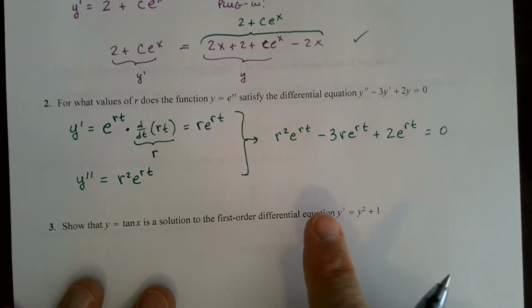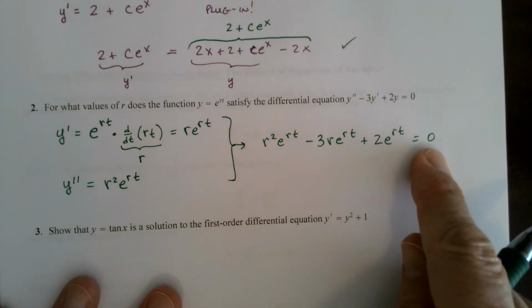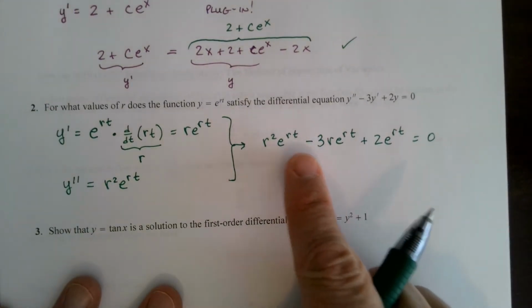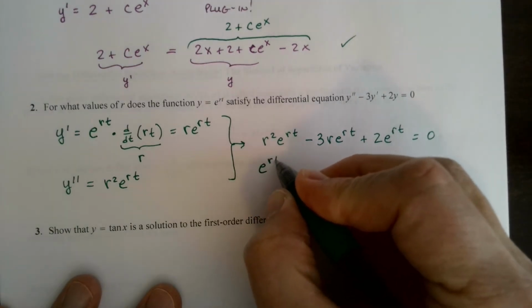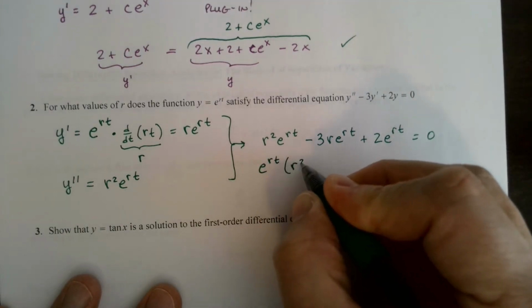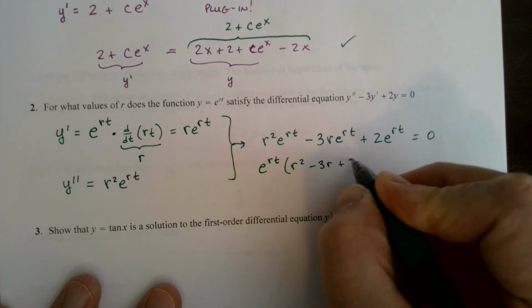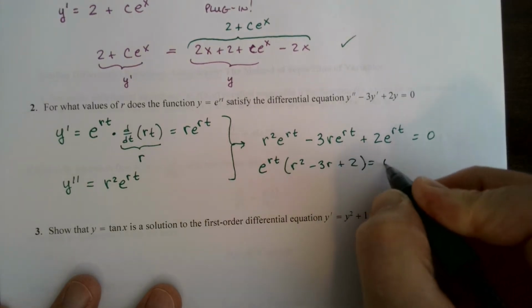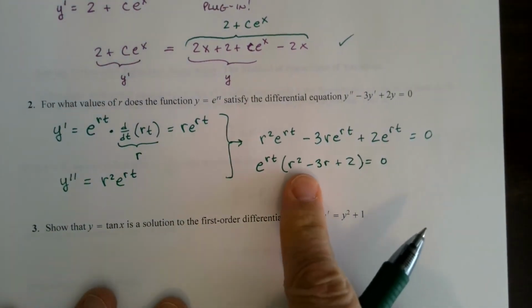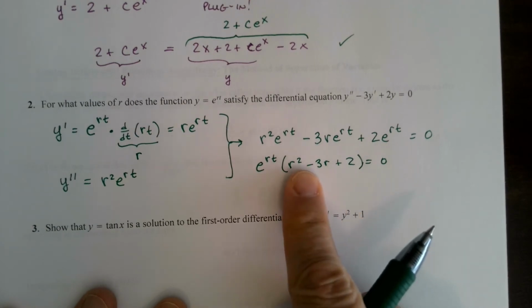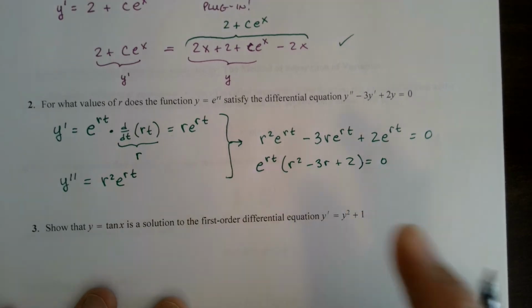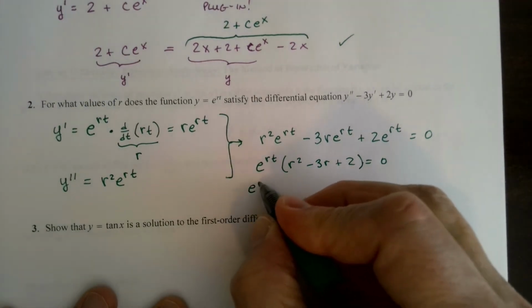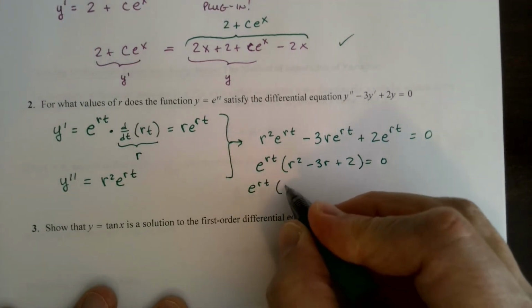Well, notice I can do some factoring. I've got it set equal to 0, so that's good. I've got an e to the rt that is common to all of these. I factor that thing out. And then I can further factor this quadratic second degree polynomial right here. That factors pretty easy, doesn't it?